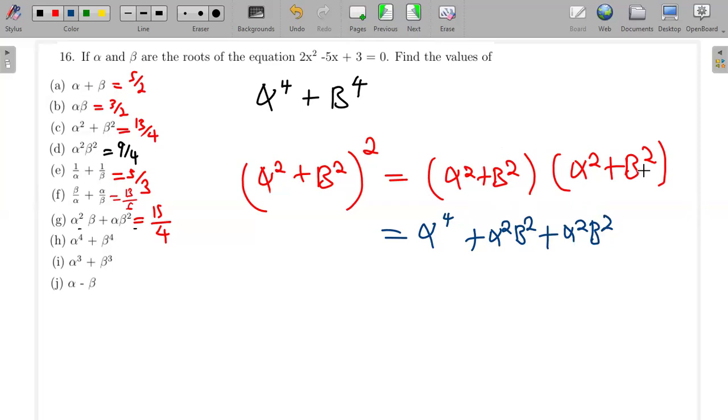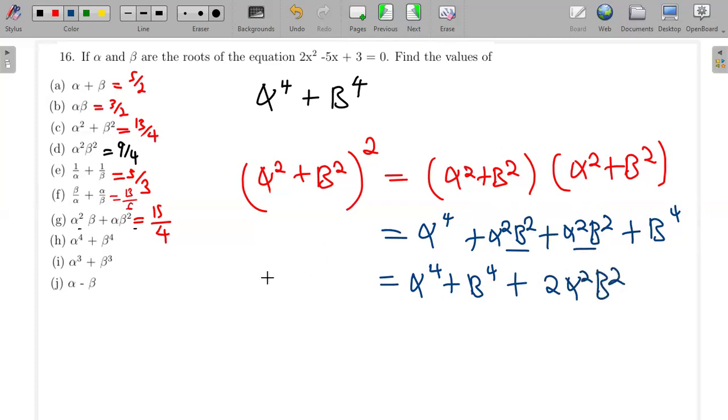And beta squared multiplied by beta squared, I get beta to the power 4. So meaning that I have alpha to the power 4 plus beta to the power 4 plus these two, which are the same, so we add them, we get 2 alpha squared beta squared.